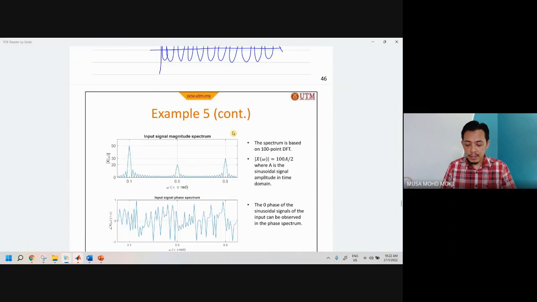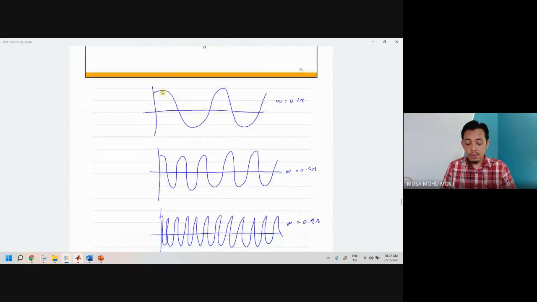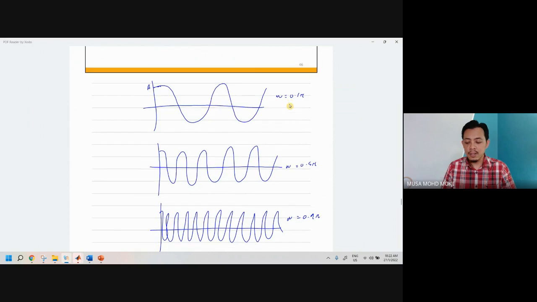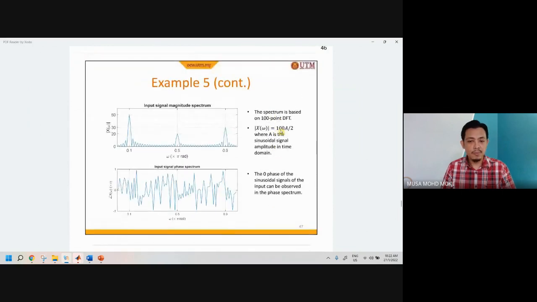Right, so then if you want to know what is the amplitude here, the A of this 0.1 pi. So actually this is the relationship. The magnitude in the spectrum in frequency domain equals 100 A divided by 2.